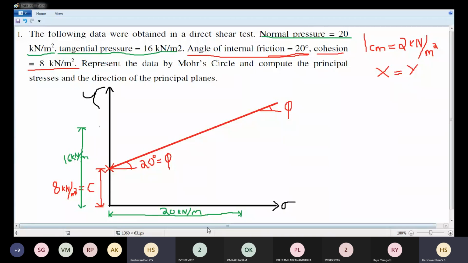So normal pressure is 20, I have marked that point here, and shear pressure is 16. So next, I'll mark that point. I'll take a horizontal projection here, and that point will come on the line.